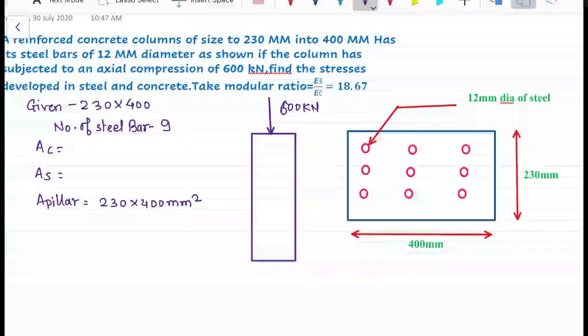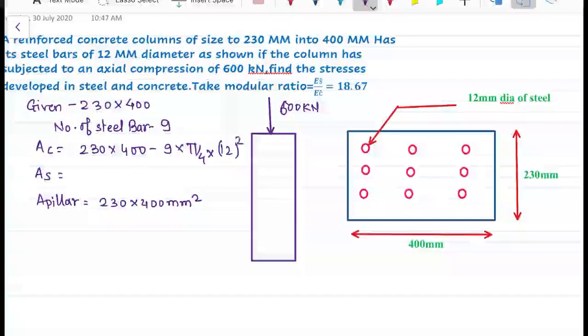What will be the cross section area of concrete? It will be the total cross section area of the pillar minus the cross section area of the steel rods. How much will be the cross section area of the steel rods? It will be 9 into pi by 4 into, as the diameter is given, we will assume those steel rods as circular, so the cross section area will be pi by 4 into 12 square.